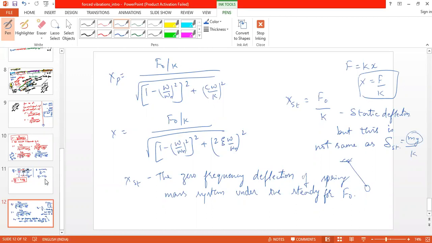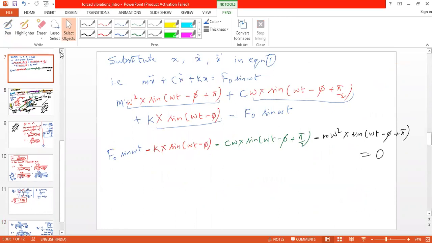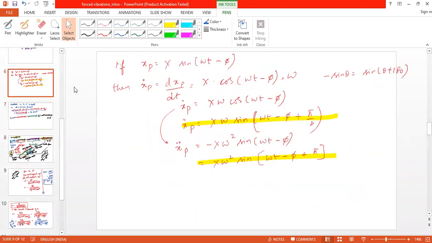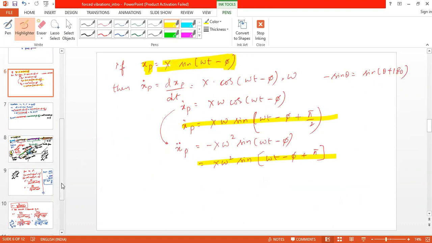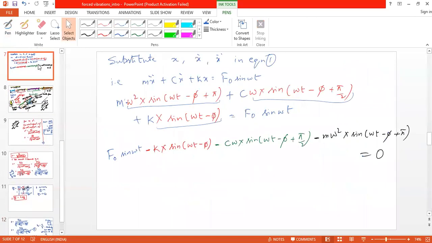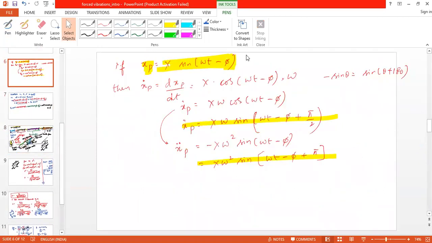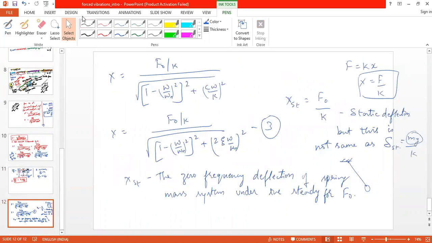So this x is nothing but x(t). That is what we have assumed earlier, the particular solution x(t) equal to X sin(omega t minus phi). So can we substitute the value of X, that is equation number 3, in the assumed particular solution?